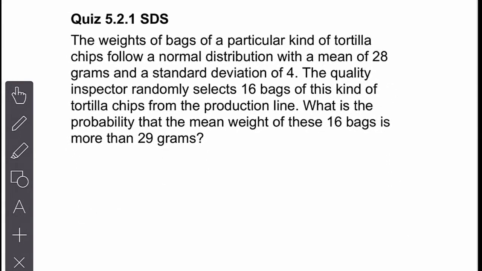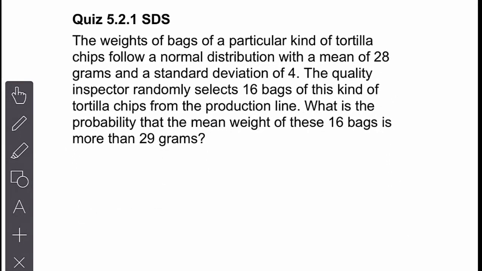Okay, she also sent me some problems about SDS. The weight of bags of a particular kind of tortilla chip follow a normal distribution with mean 28 and standard deviation of 4. The quality inspector randomly selects 16 of these tortilla chips. What is the probability? So you're going to use formula number 3 on your formula sheet.